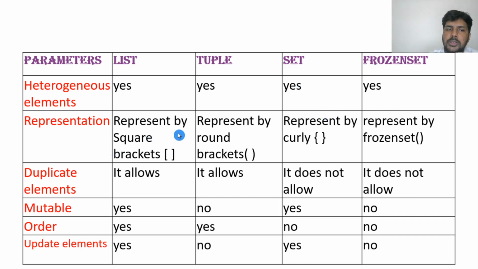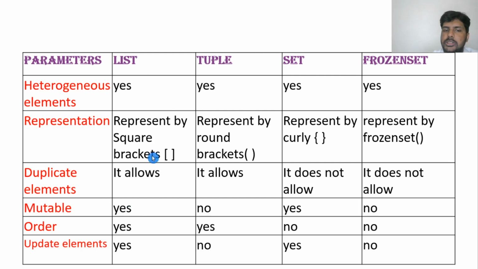Representation: how they are represented. List is represented with square brackets, tuple with round brackets, set with curly brackets, and for frozen set we use frozenset. Duplicate elements: list will allow duplicate elements, tuple will allow duplicate elements, set will not allow duplicate elements, and frozen set will not allow duplicate elements.